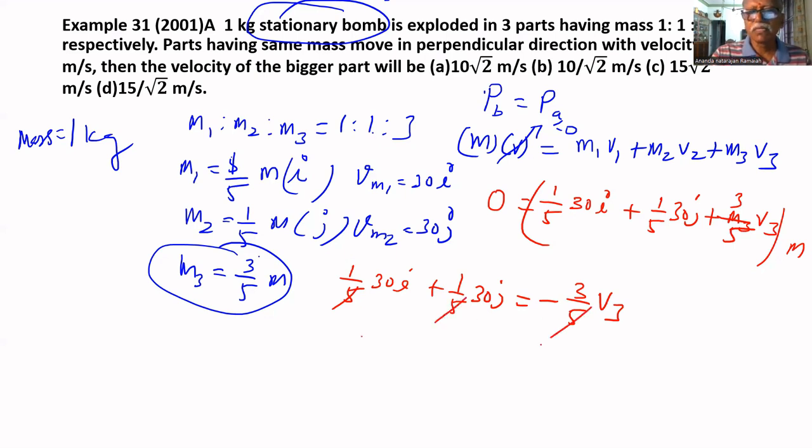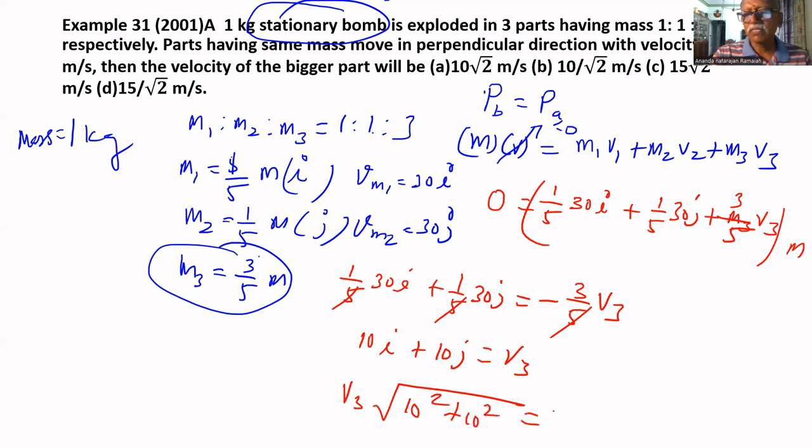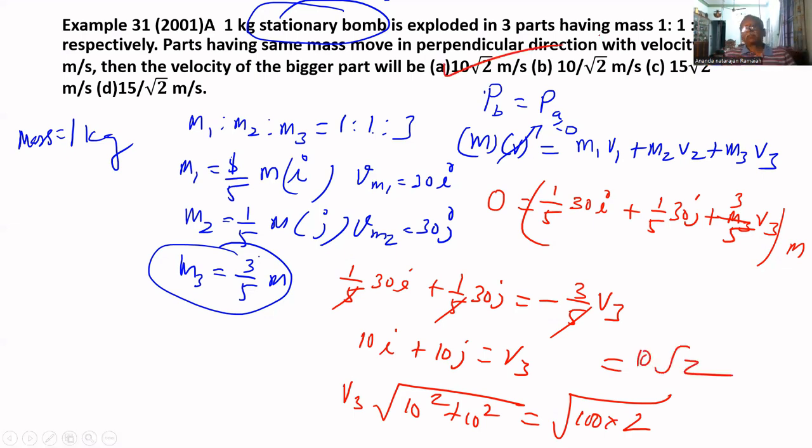Divide by 3 means 10I plus 10J equal to V3. Here we can find only magnitude. Therefore, V3 equal to square root of 10 square plus 10 square, that is equal to square root of 100 multiplied by 2, that is equal to 10 root 2. Therefore, A is the answer.